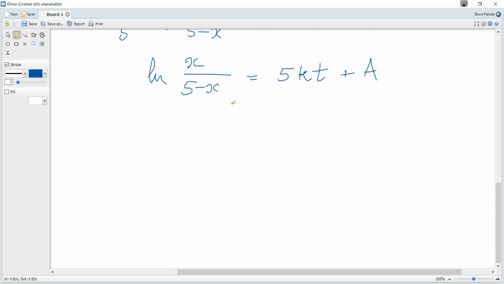And how to undo this log? You remember log base 2 of 8 is 3, because 2 to the power 3 is 8, so ln is log to the base e, so x over 5 minus x is e to the power of 5kt plus a, and we can split it into e to the 5kt multiplied by e to the power of a, and e to the power of a is a number, just another constant, so we can write just a times e to the power of 5kt.